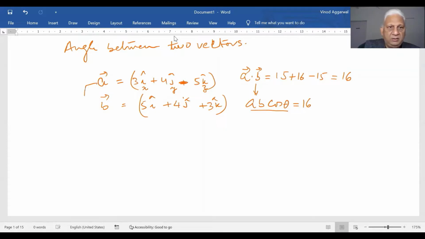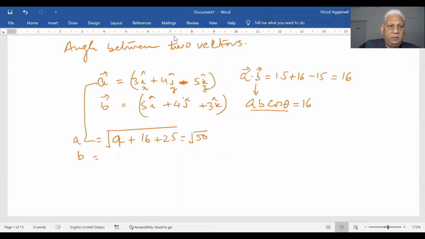And what is A? We can evaluate it: square of each term added and the square root taken, which is 9 plus 16 plus 25, so A is root 50.